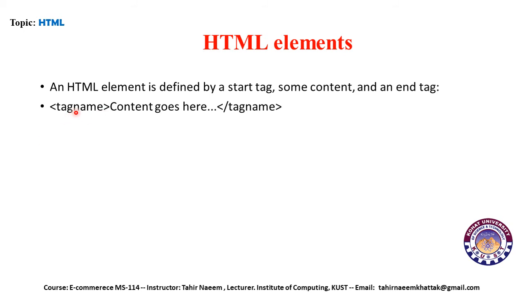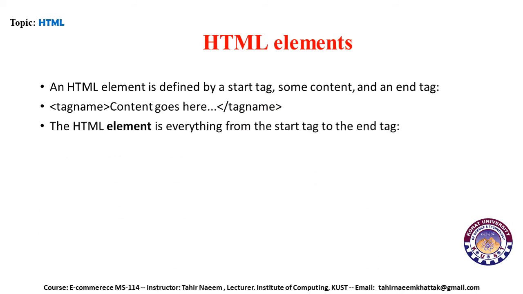This is the rough structure. Here you write the tag name in angle brackets, and then here you write the contents. Then you open the bracket again and put a slash before the tag name, meaning it is closed. And an HTML element is everything from the start tag to the end tag.